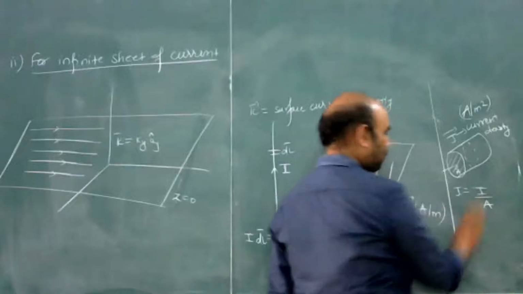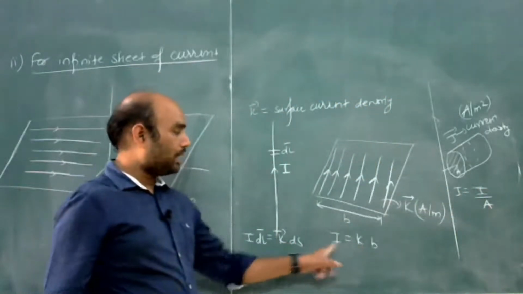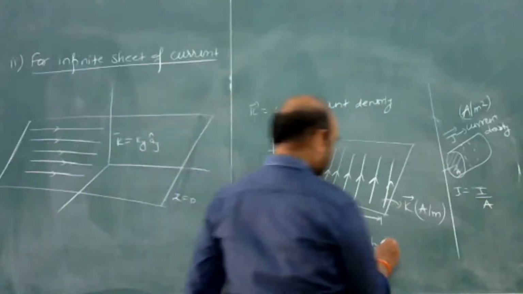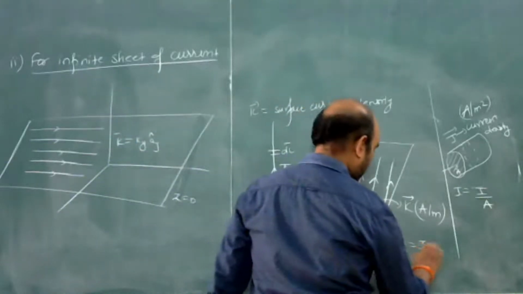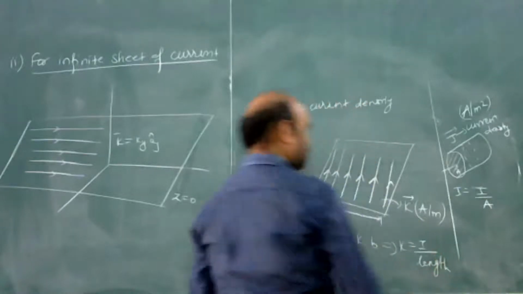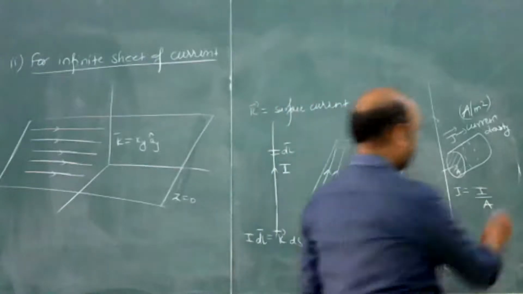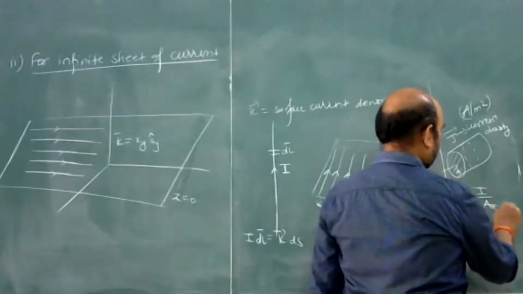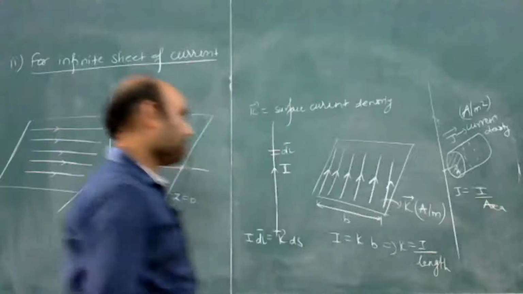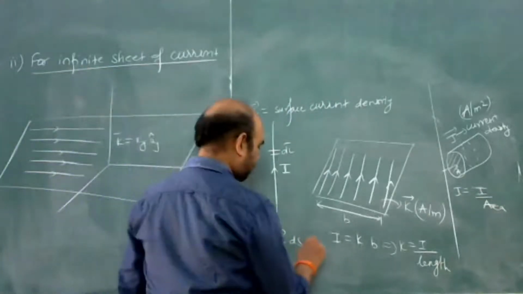J is equal to I upon area, and K is equal to I upon B, ampere per meter. And this is I upon area, which is equal to J.